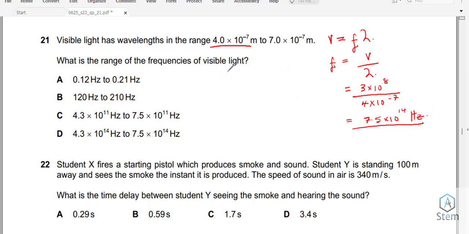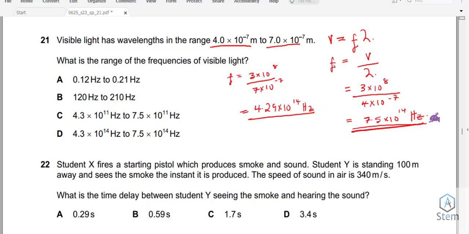We also do the same for this other wavelength. So these are the frequencies which correspond with the given wavelengths. We look at our answers, we find that D is the one which has these ranges.